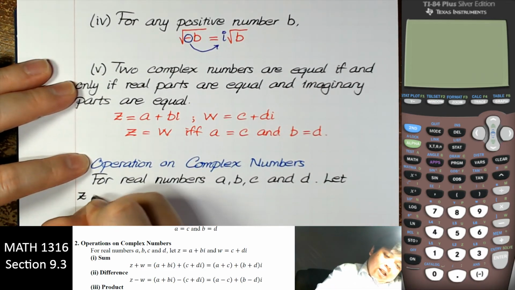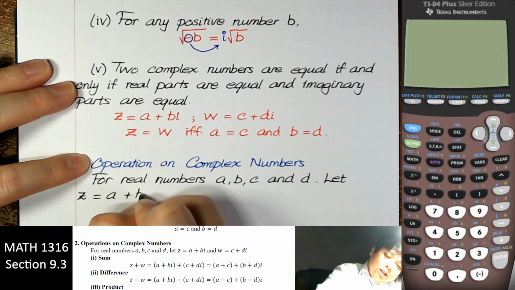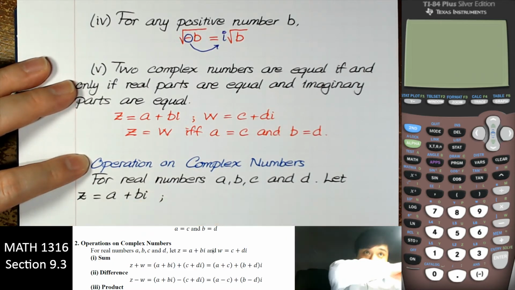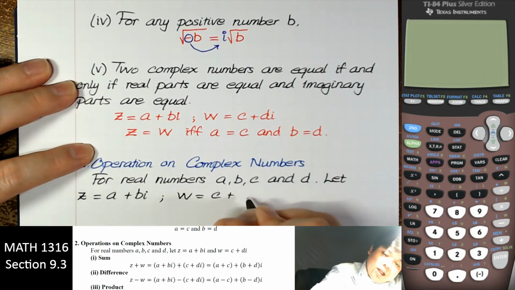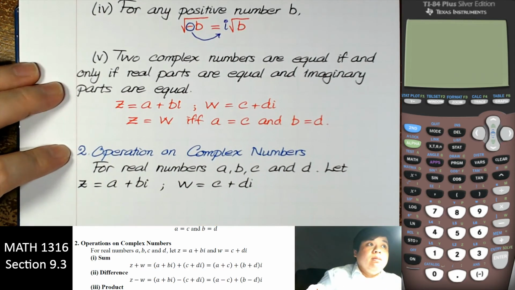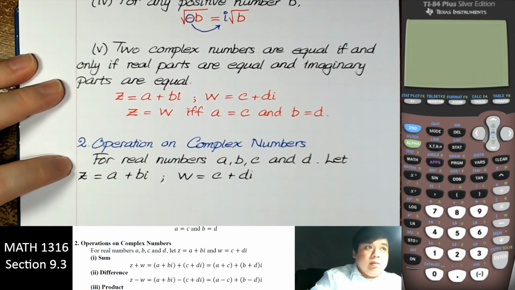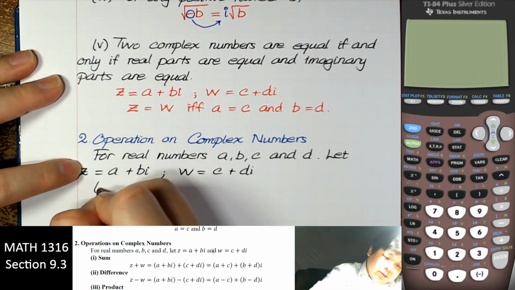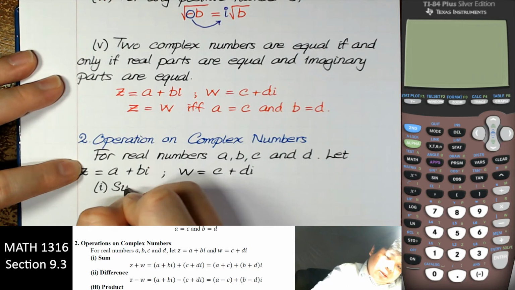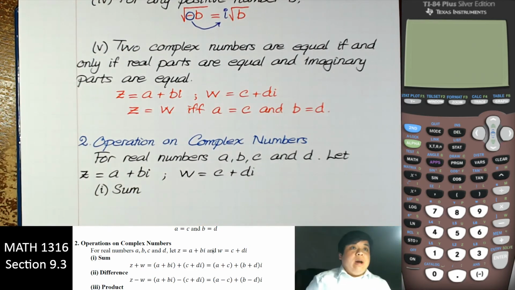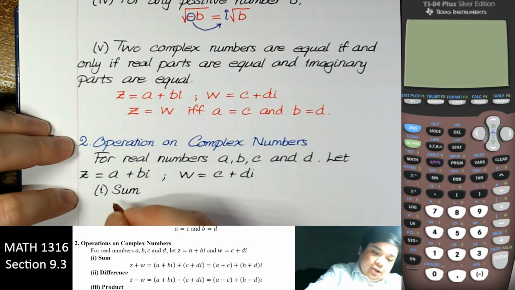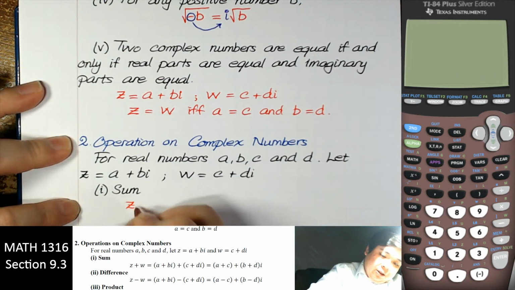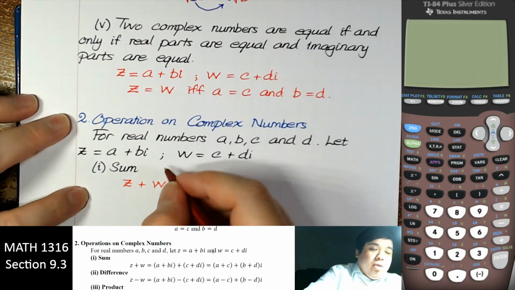Let z be a plus bi and w be c plus di. And first we have the sum, z plus w.